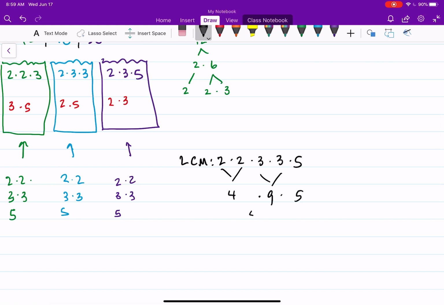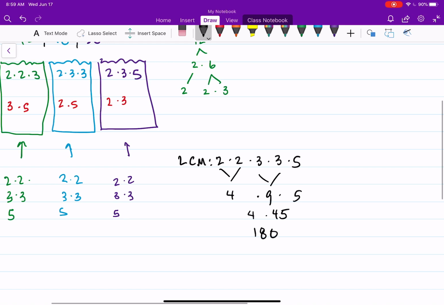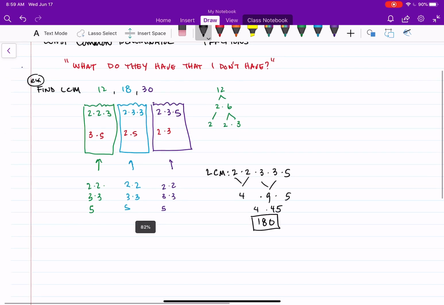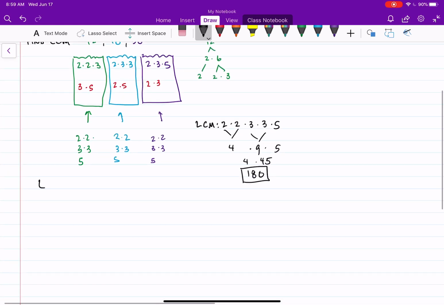This would be 4 times 45, which gives me 0, carry the 2, 180. So 180 would be my LCM. Here, let me do it this way: the LCM of 12, 18, and 30 would be 180.